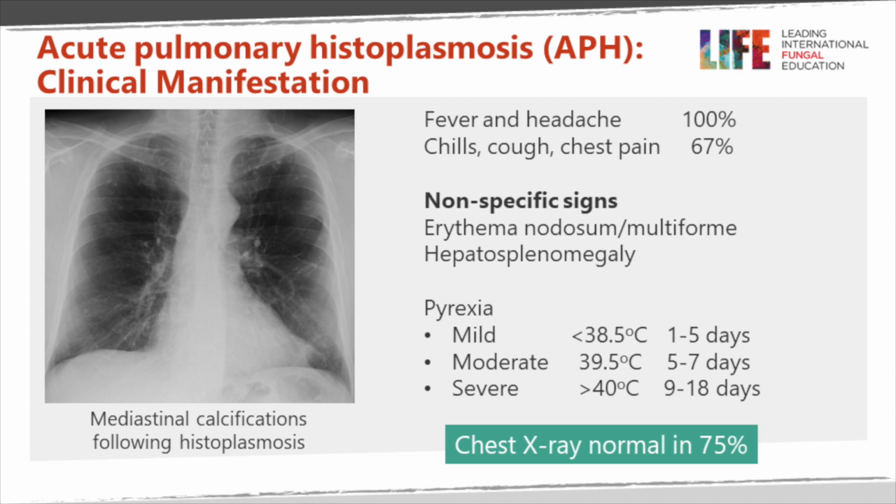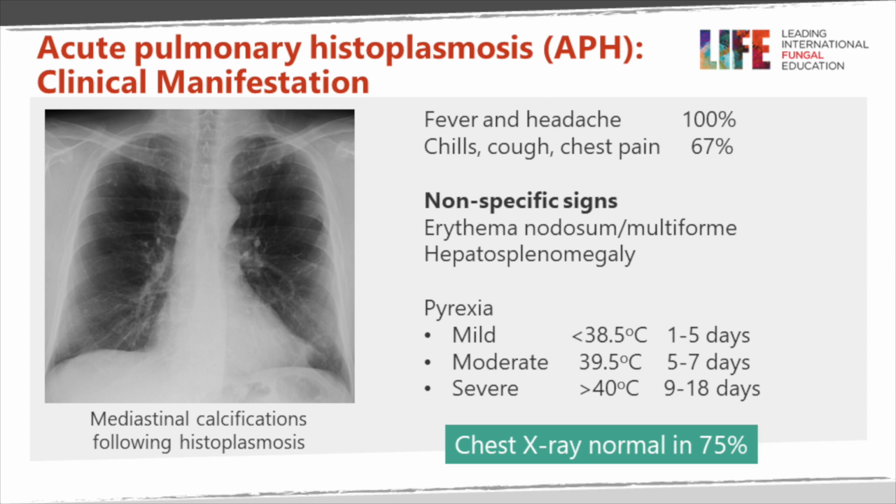So these are non-specific features and not very helpful, with perhaps the one exception of chest pain, which is uncommon in many upper respiratory tract infections. If you have erythema nodosum or erythema multiforme, that's helpful, and some patients have hepatosplenomegaly. And if you have mild disease and a low inoculum, then you have a fever for a short period of time and it's not a particularly high fever.